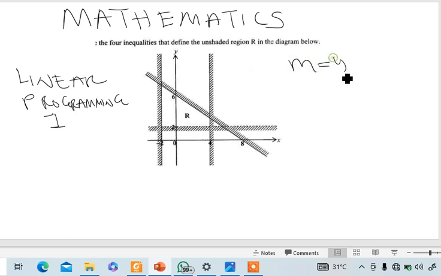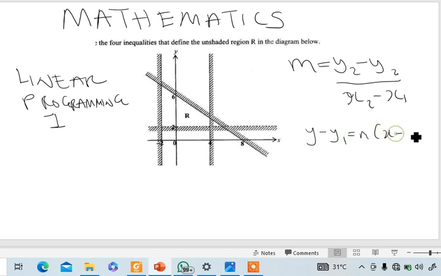You have to be familiar with this formula, and you also have to be familiar with this one. So these are the formulas that you have to be familiar with.